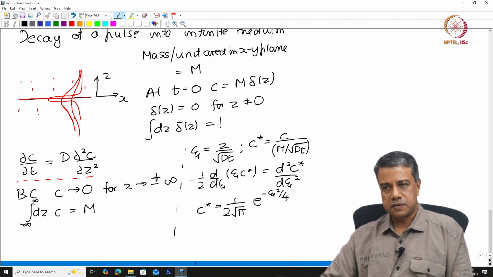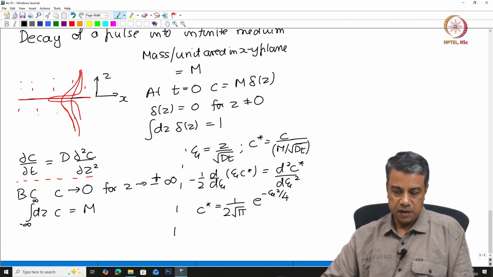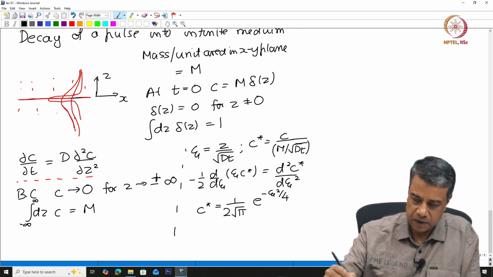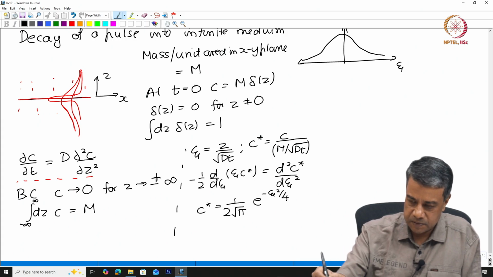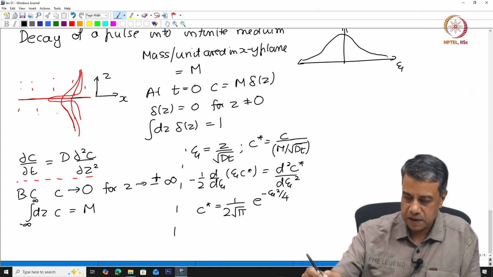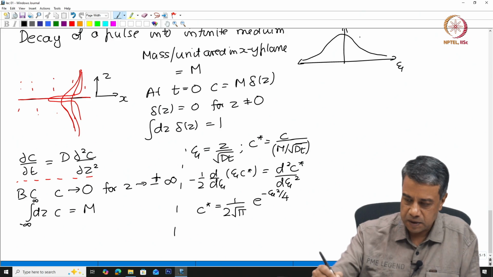This was a Gaussian function, which if I plot as a function of psi, C star, it is a bell shaped curve, which has a maximum at the origin, symmetric, and it goes to 0. This is the C star of psi.